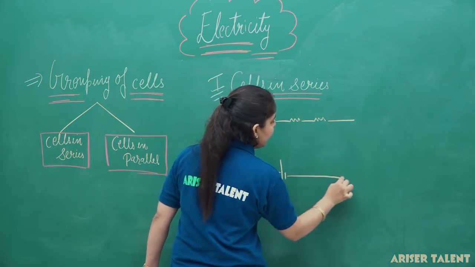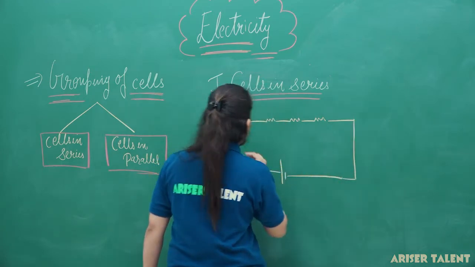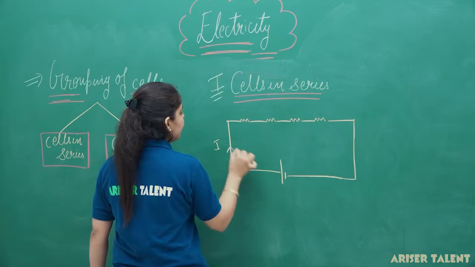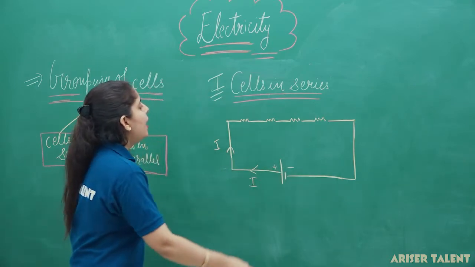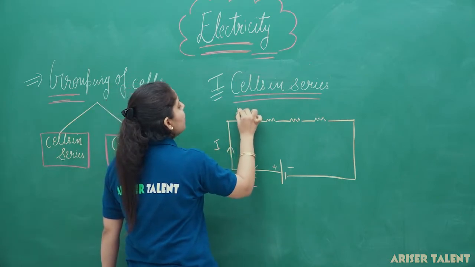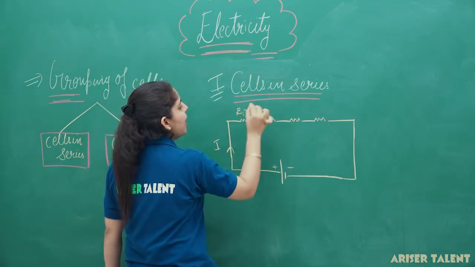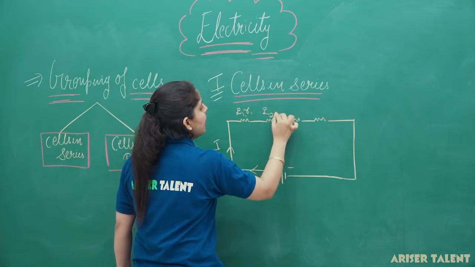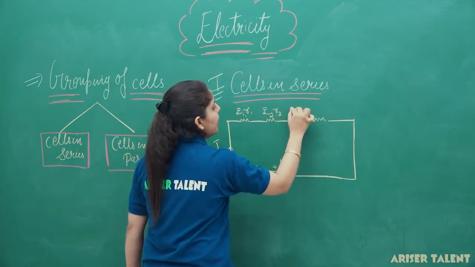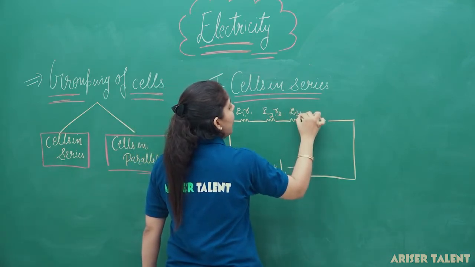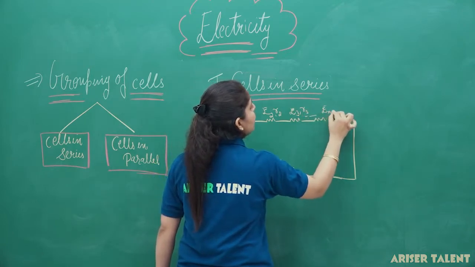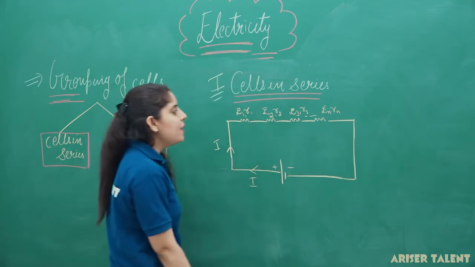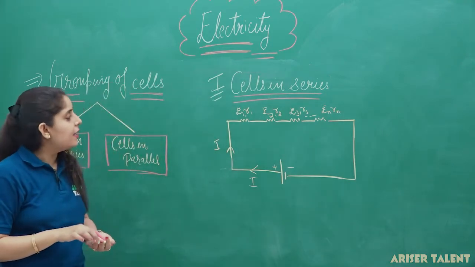A battery will be connected in series and the current I will be flowing through the circuit. This is our battery with plus minus sign, and here we are taking EMF E1, internal resistance r1, EMF E2, internal resistance r2, EMF E3 and internal resistance r3, and so on. It can go up to En, rn because n number of cells are connected here.